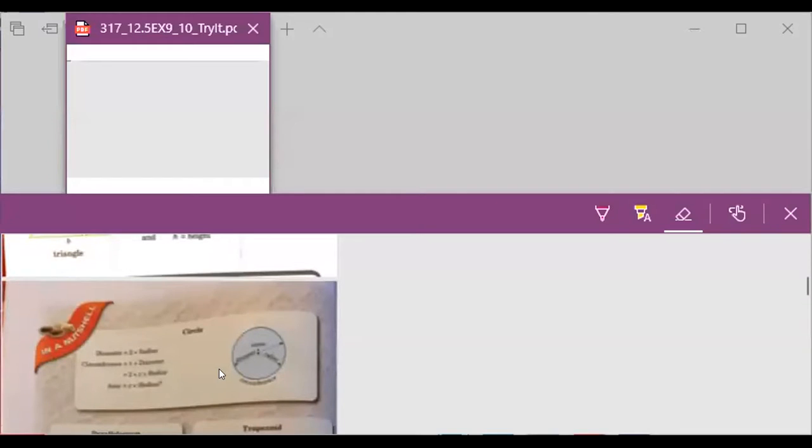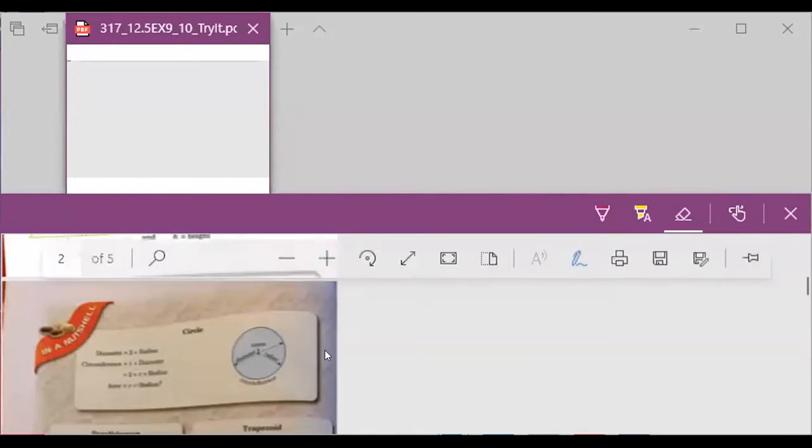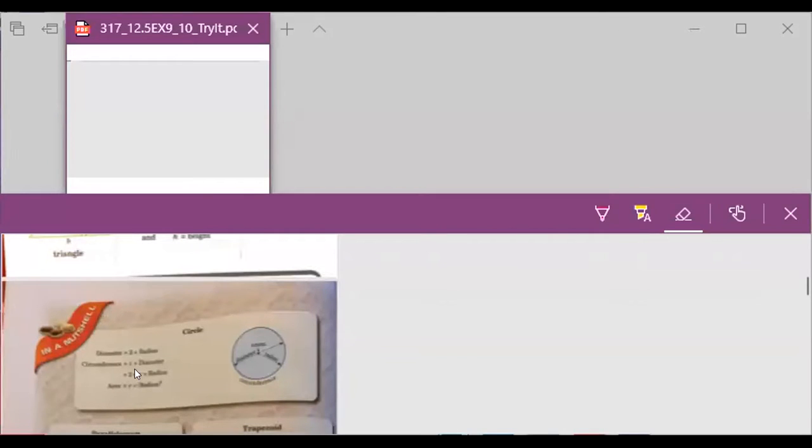And for the circle, the formula to find the circumference. The line that goes through the center point is called the diameter. So it will be pi times the length of this diameter, or 2 pi radius.